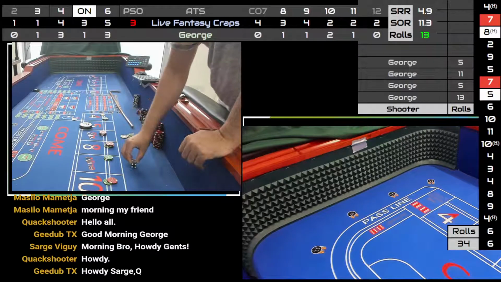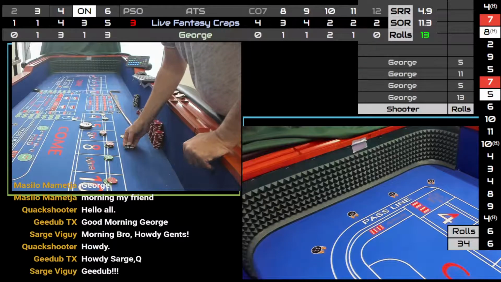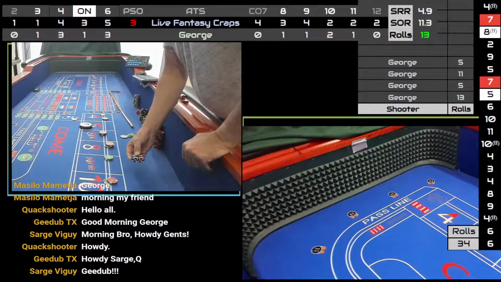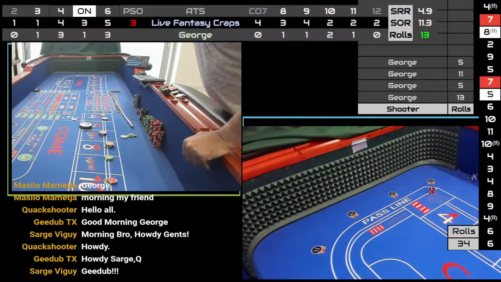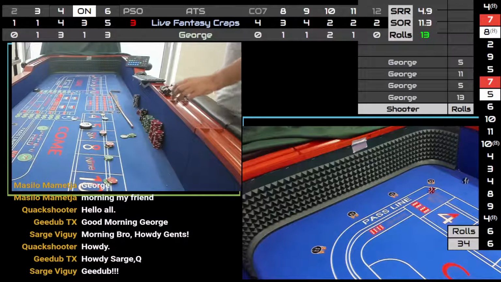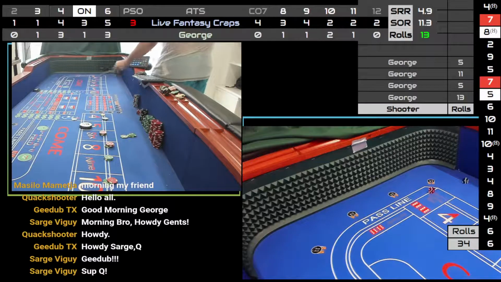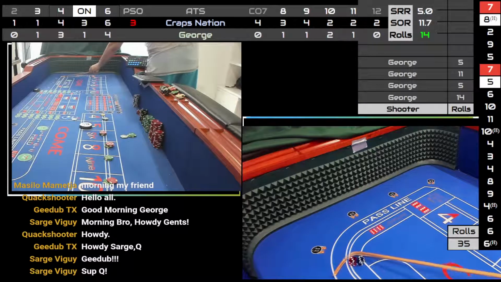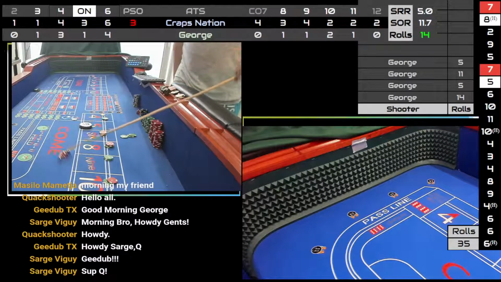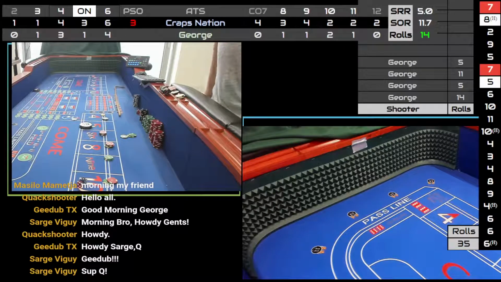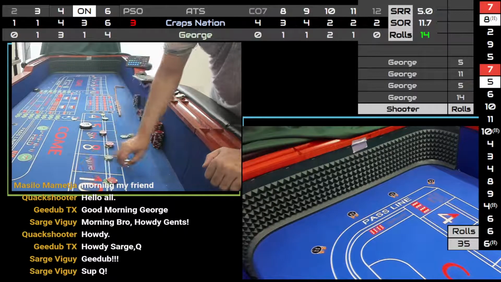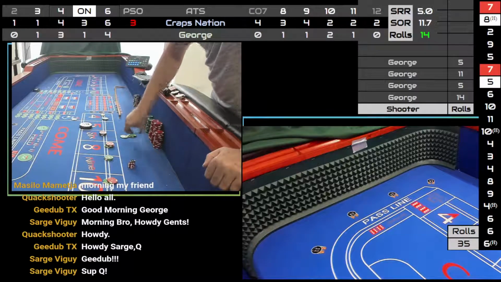Two, 6, 2, 6. Hard 6. That came from the side. Another 70.